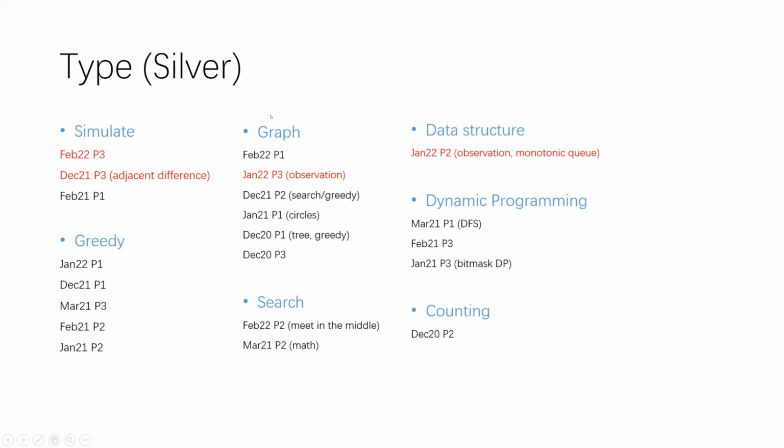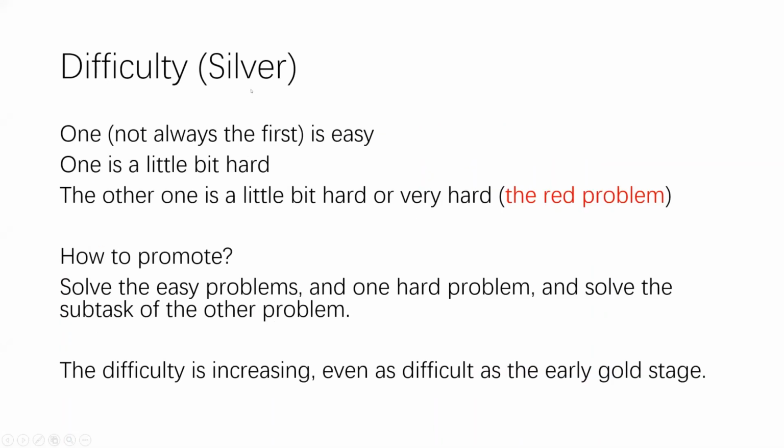And the difficulty for silver, I think the difficulty is increasing over time, even as difficult as the early gold stage. I think the silver difficulty this year is as difficult as maybe gold in 2018 or 2017.